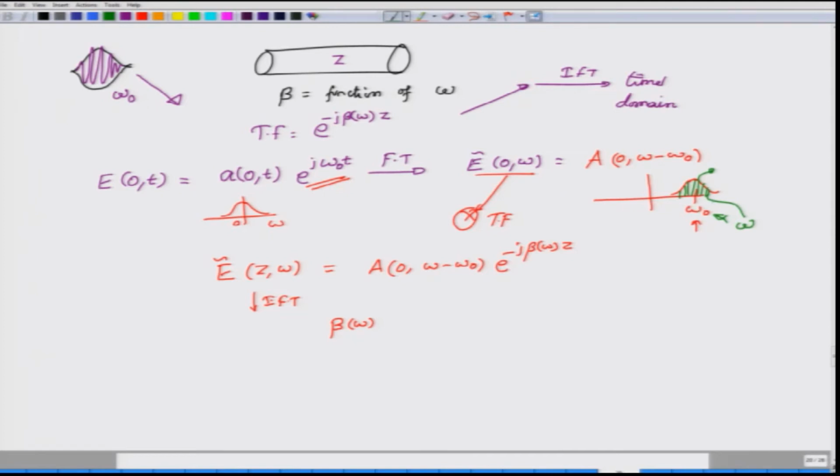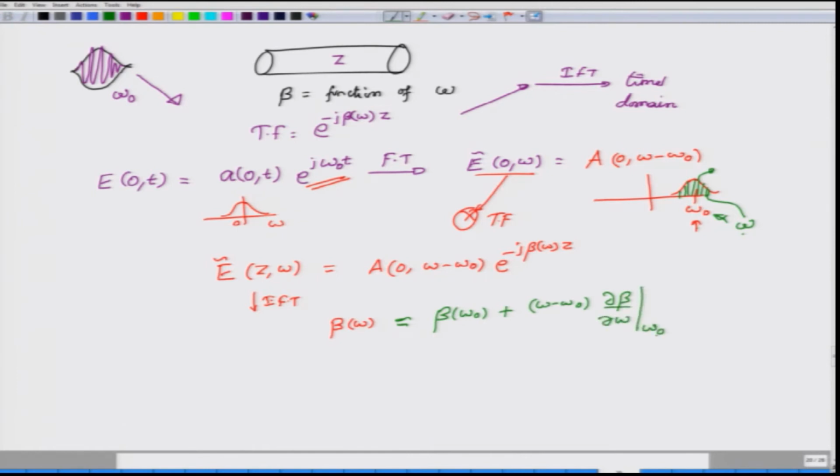So, I have omega 0, which is my carrier, which I know beforehand. I can express this beta of omega for any frequency omega that is slightly away from omega 0, a slight deviation from omega 0, as a Taylor series: beta of omega 0 plus omega minus omega 0 times del beta by del omega evaluated at omega 0.